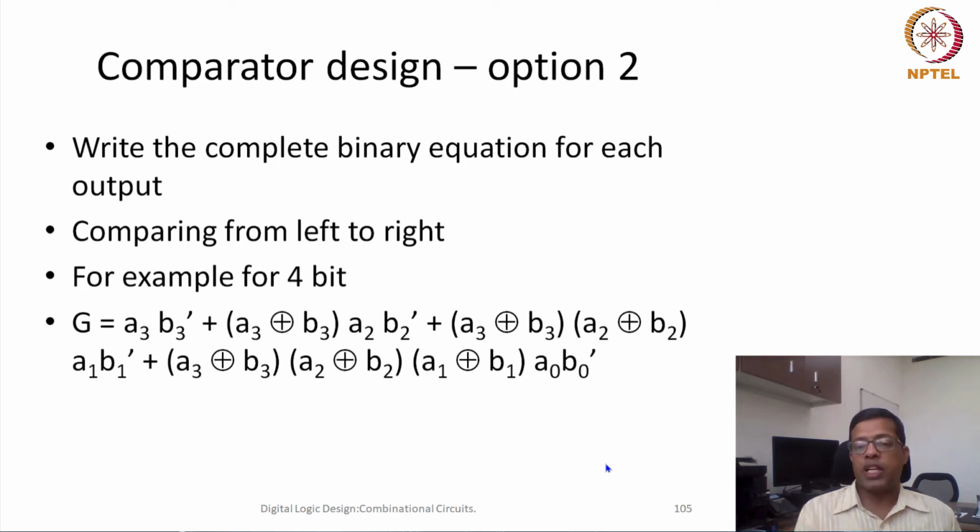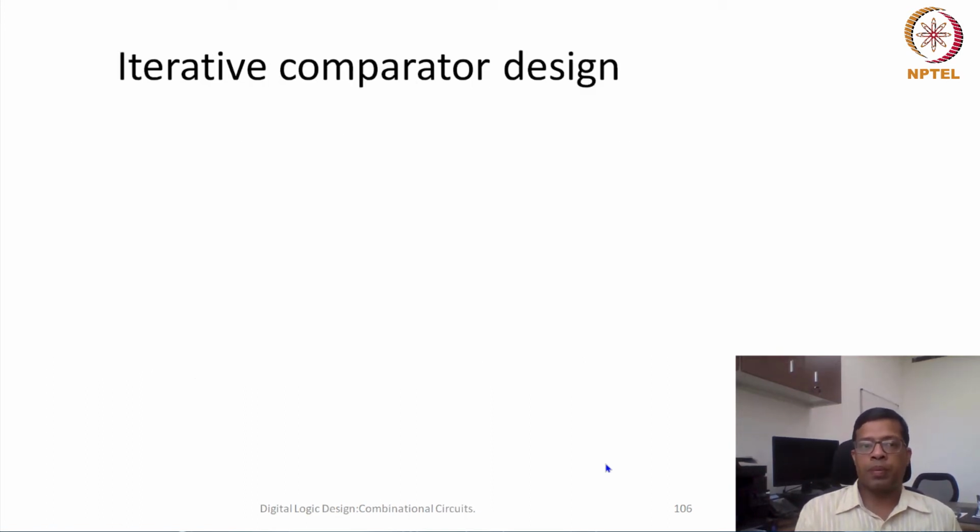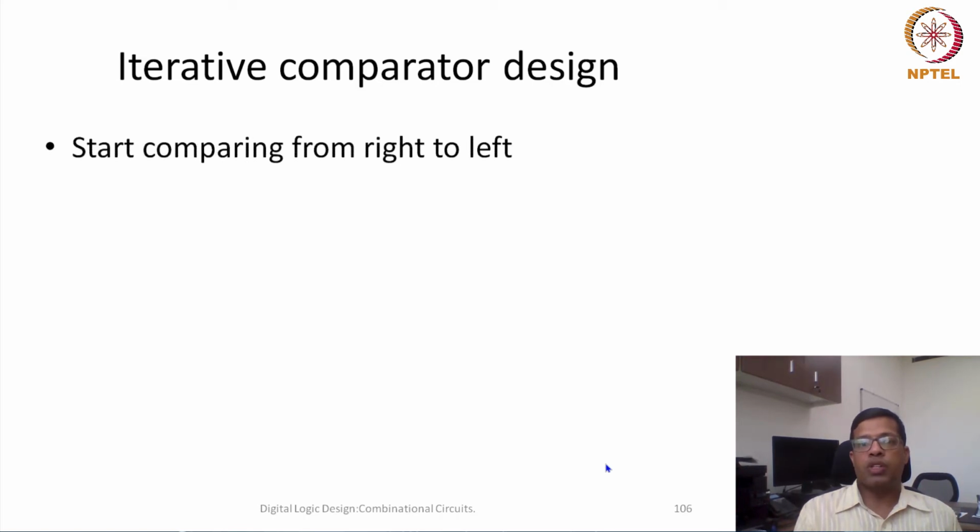We say that for 1 bit we design this circuit, and that can keep on repeating. So in iterative comparator design, we can do it either way, right to left or left to right, but for illustration what I'm doing right now is right to left, so basically from the LSB to the MSB side.